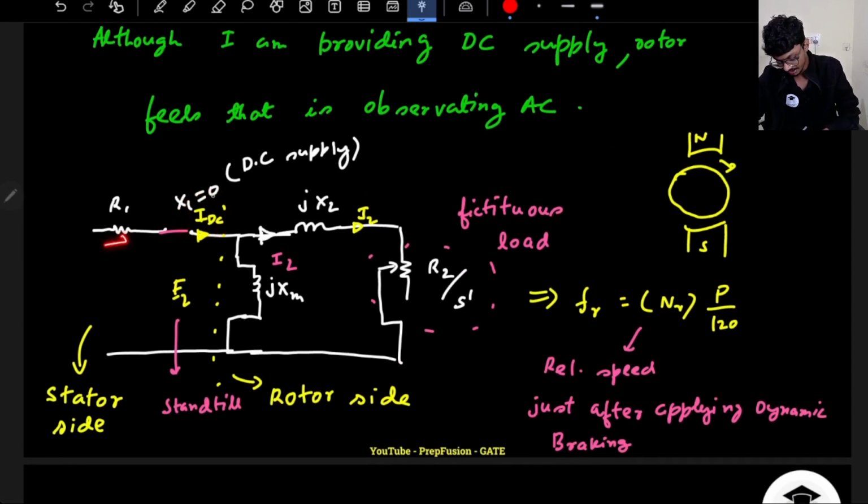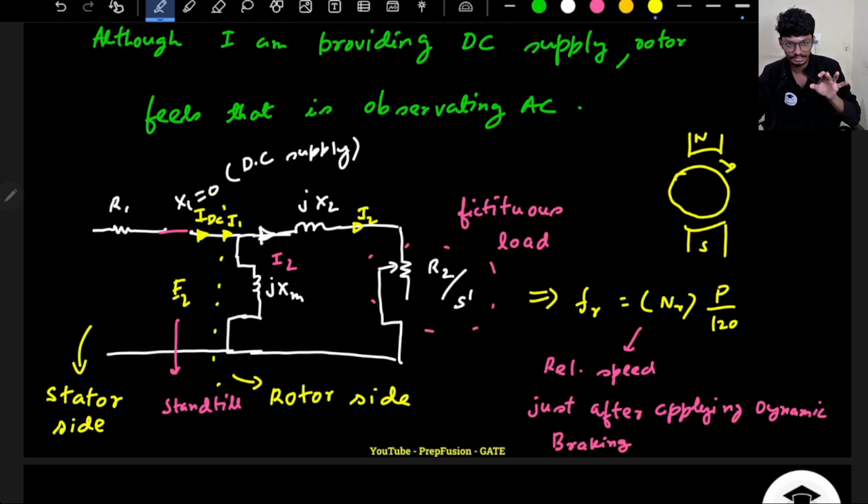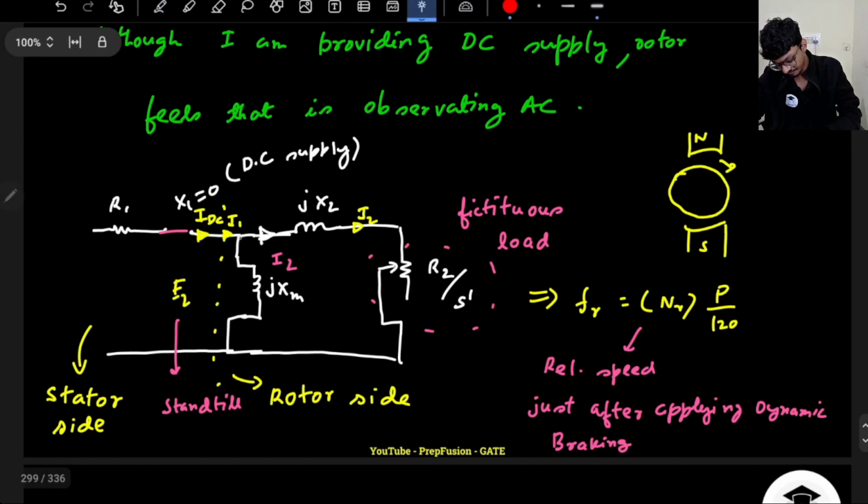Ultimately, I am actually providing DC current only, but the rotor feels that I am providing an AC current to the stator. The rotor still doesn't know that I am providing a DC current. The rotor is very innocent, it does not understand. He feels that I am sending an I1 current that is getting divided between here and here.